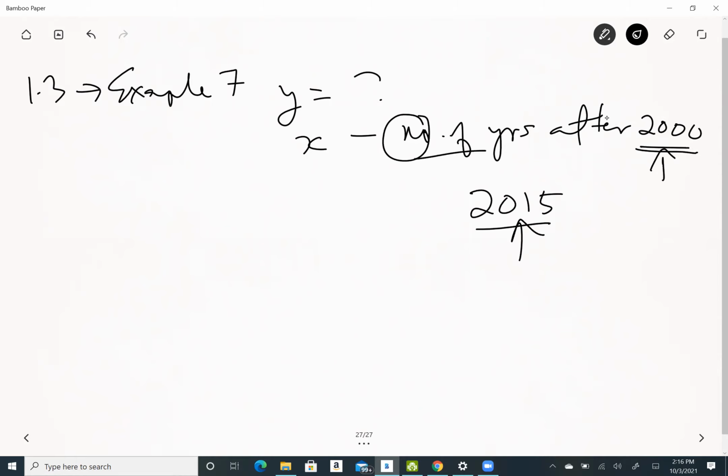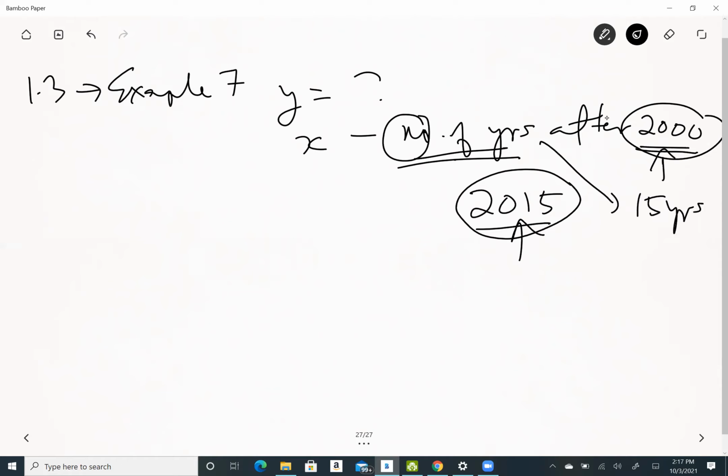You want the number of years after 2000, and the year is 2015. So how many years are there? 15 years. So the number of years is 15. We are not talking about the year; the year is only for our reference. We are talking about the number of years after that reference year.